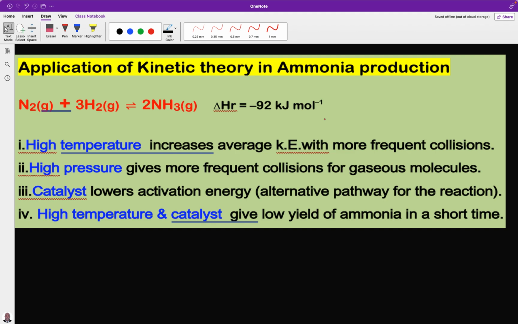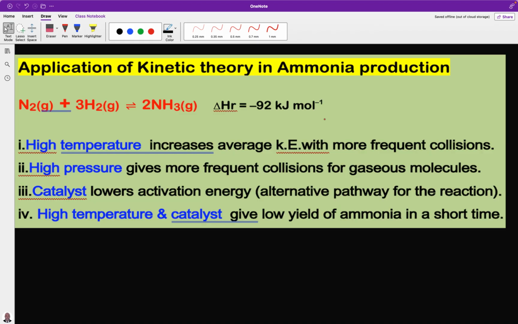High temperature. At high temperature, in this reaction between nitrogen and hydrogen, what happens? When there's an increase in temperature, there is going to be an increase in the average kinetic energy of the reacting gaseous particles.